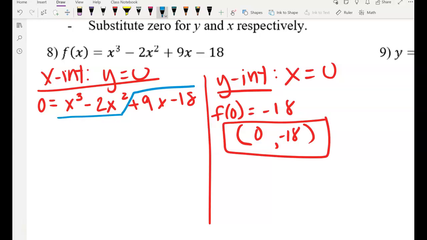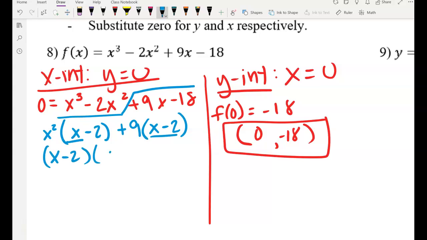So GCF, Jacob, on the first 2 terms. What do we take out? Good job. So now, students, we're left with an x minus 2. The second 2 terms, they do have a 9 in common, so we are going to take that out. So we do have an x minus 2. Now, x minus 2, they are the same. That's a good sign, meaning that we are doing it correctly. So we're ending up with an x squared plus 9. All of this is equal to 0.